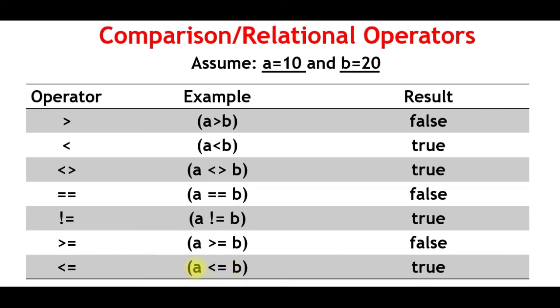Is 10 smaller than 20? So, the answer is true. Next, is A equal to B? Is 10 equal to 20? Do 10 and 20 have the same value? The answer is false. So our answer here is true and false. Because there is one true, which is the less than, the answer is true.